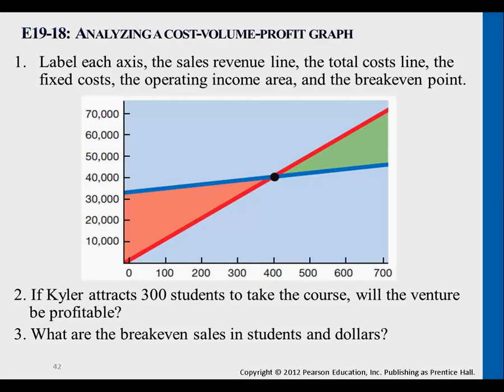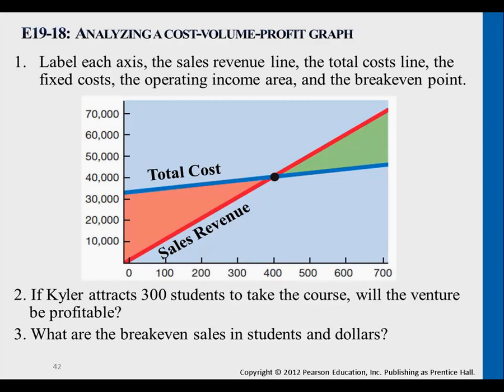What is this one? Am I showing on the blue? Yes, the blue one. Okay, what is this? What is that? And what is this? Cool. Okay. Oh, we missed the fixed cost.